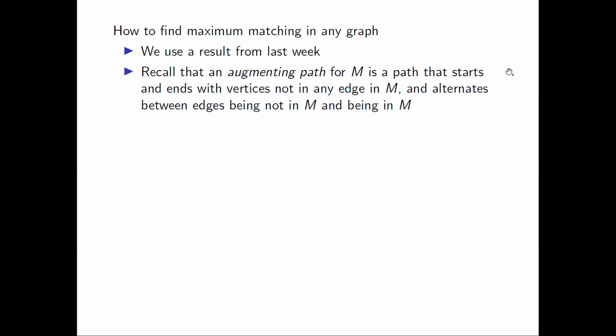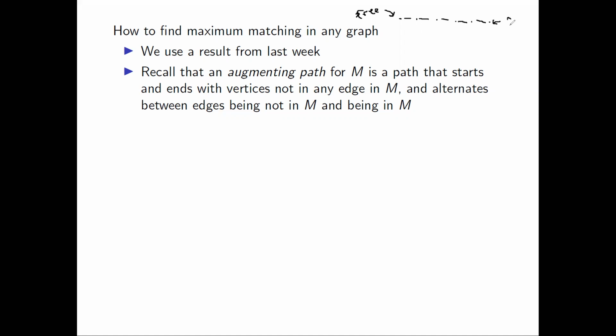And in order to state it, we need to recall a term that we defined last week. So we defined this term augmenting path. And it's an augmenting path for a specific matching. We'll call it M. And that's a path that starts and ends with vertices that are not in any edge in M. And it alternates between edges not in M and in M. So for example, if we had this path right here, and we say that this vertex right here is not in M, so we call such a vertex free, as we defined in last week's video.